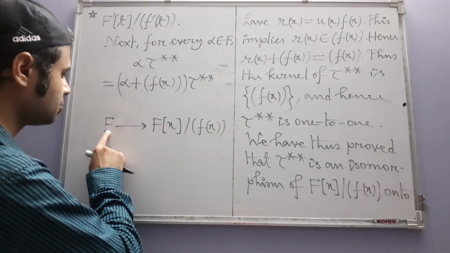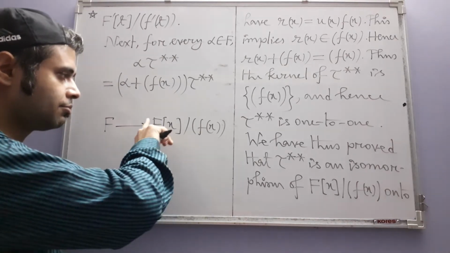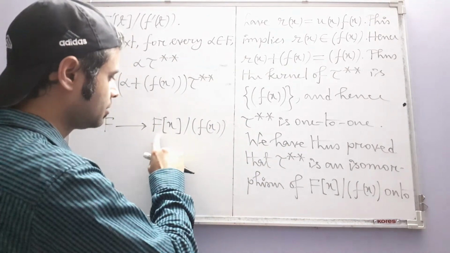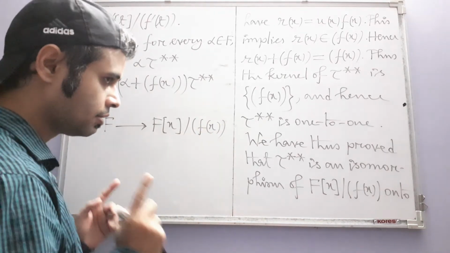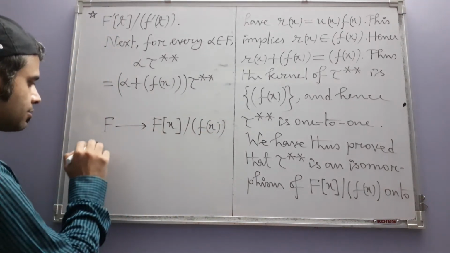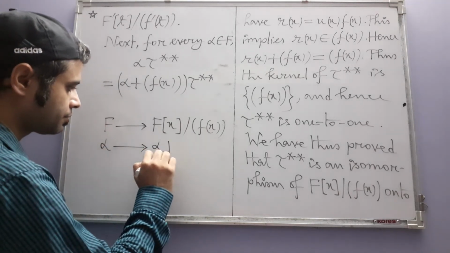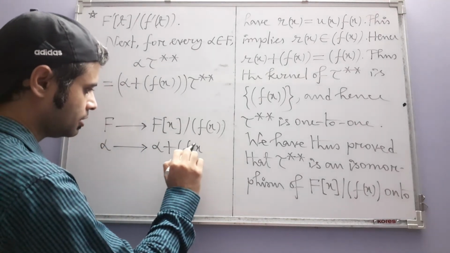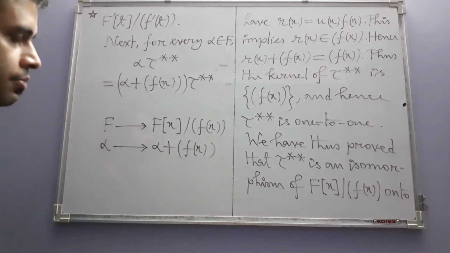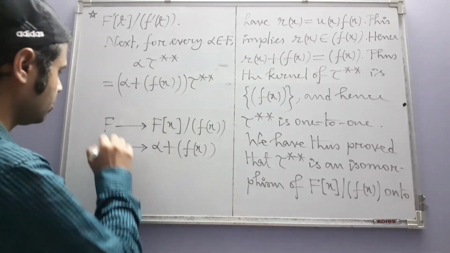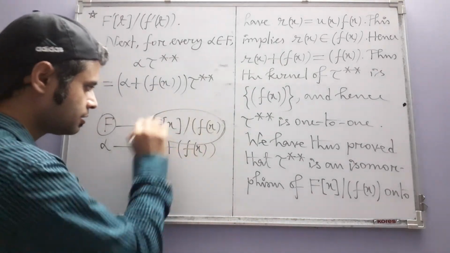First you go from the field to the polynomial ring, and then from the polynomial ring you make things collapse and you form this quotient ring. If you consider this association where alpha is mapped onto this coset, then you get an embedding of F into this ring.